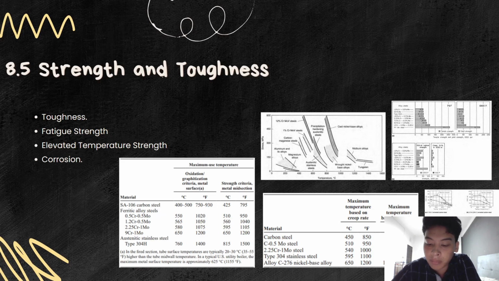Fatigue strength. When a steel component is subject to repeated or cyclic stress, including vibratory stress, the part can fail by fatigue, even though the stress level acting on the part may be below the yield strength of the steel.